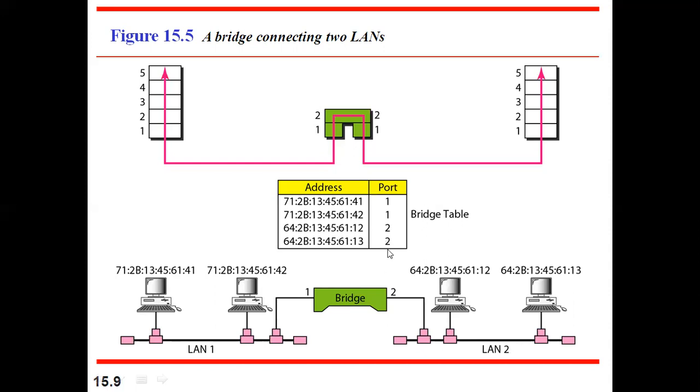Since the port address is 2, the bridge will not forward it, and there's a frame going in the other direction also. So 13 will receive the message. So you're avoiding unnecessary frames crossing the bridge to the other side of the LAN. By reading the MAC addresses, this helps the efficiency of the channel by forwarding the right frames to the right channels.